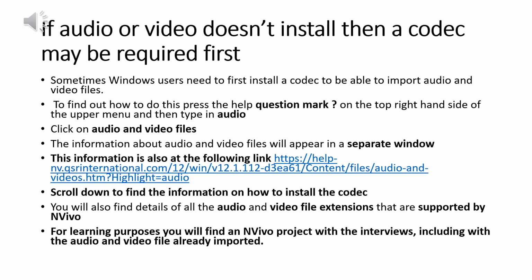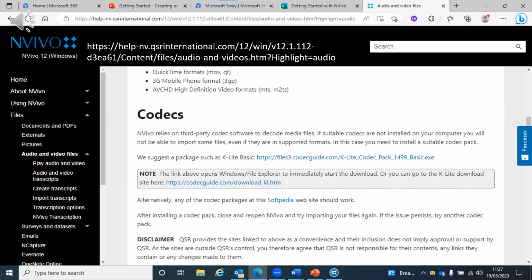For learning purposes, you will find an NVivo project with the interviews, including with the audio and video files already imported within our resources for this session. Here is the information you would need about codecs within the NVivo Help facility.